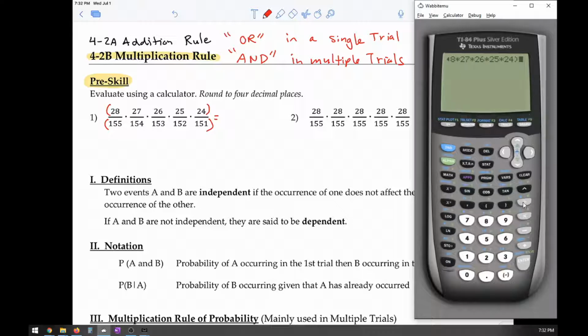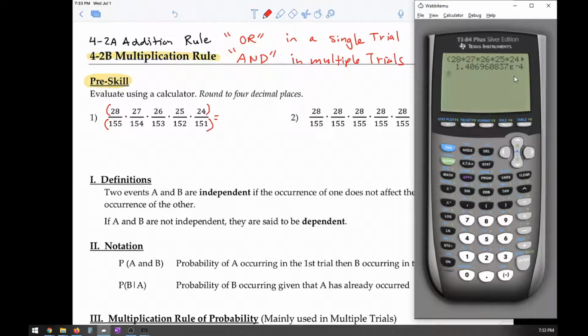Then you divide, indicating that what you input next is the denominator. So we open up parentheses and put the product of the denominators down there. Multiply, close parentheses, press enter, and we get this answer.